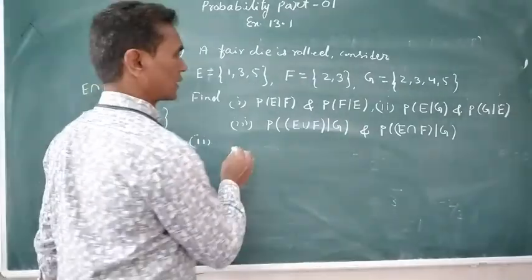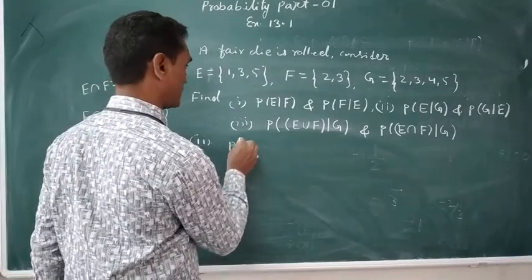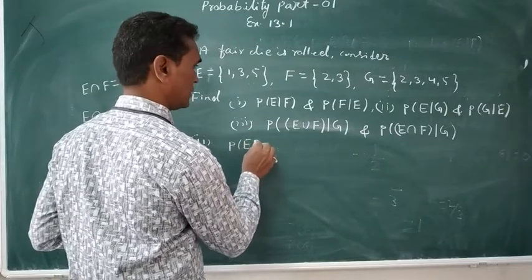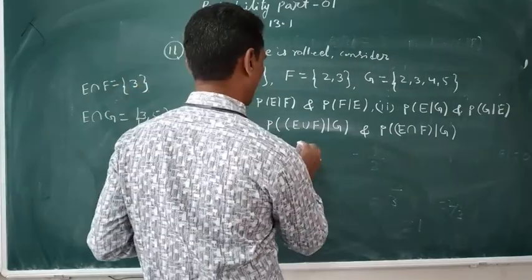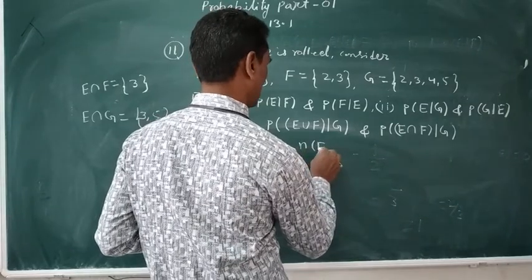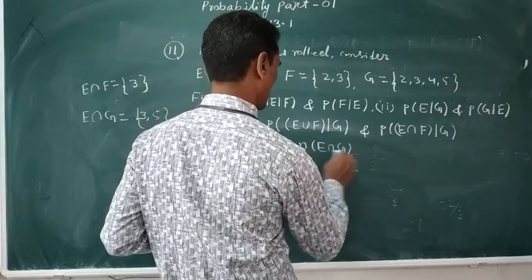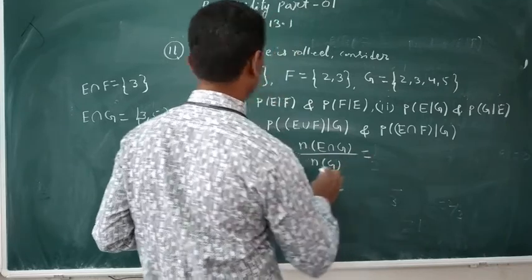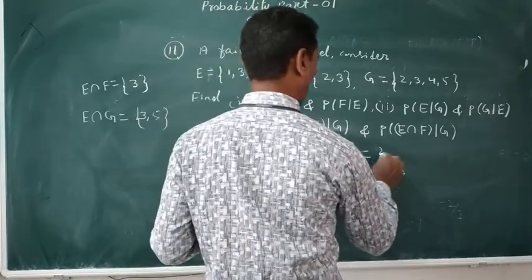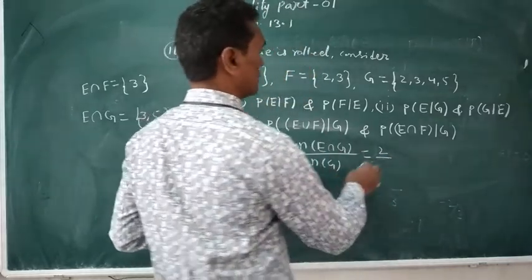So probability of E given G is equal to number of elements in E intersection G by number of elements in G, that is intersection 2 and in G 4.